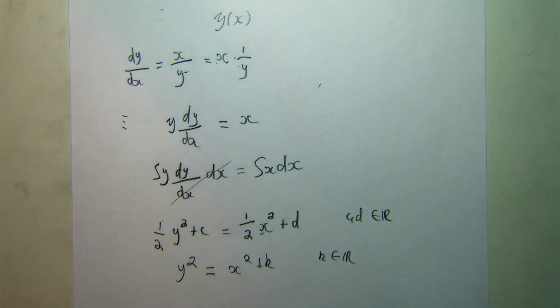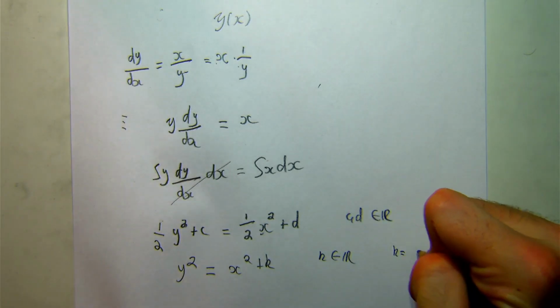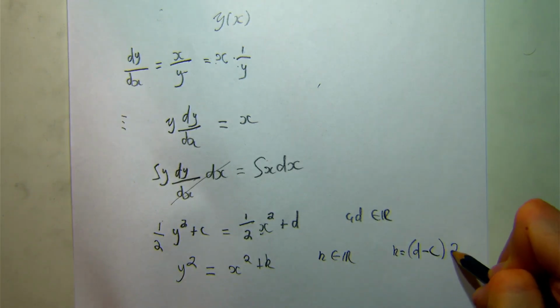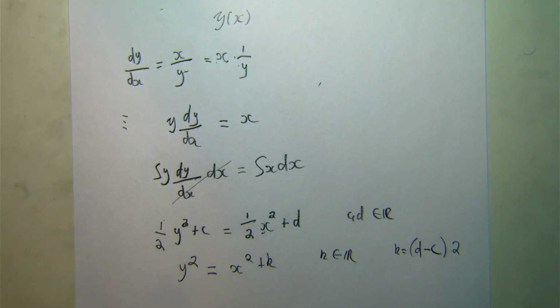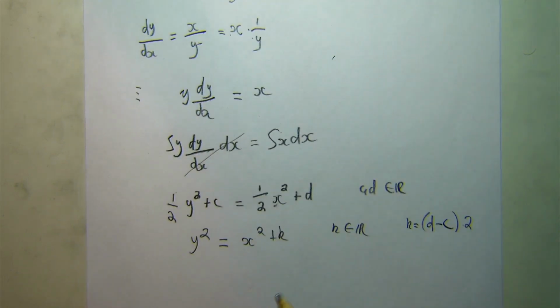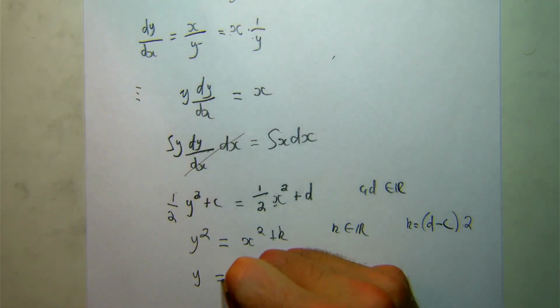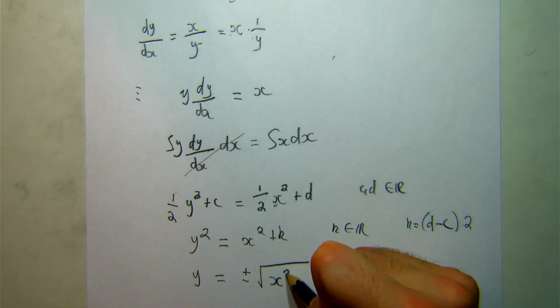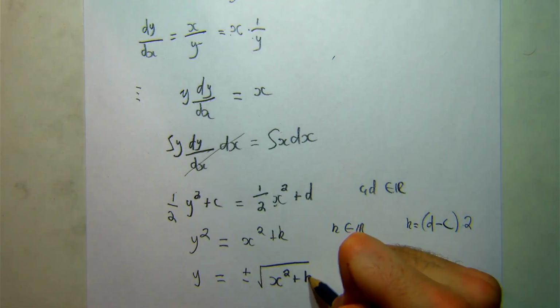So k here is just equal to d minus c multiplied by 2. And then that takes y as plus or minus the square root of x squared plus k.